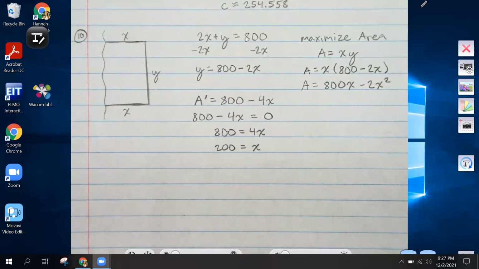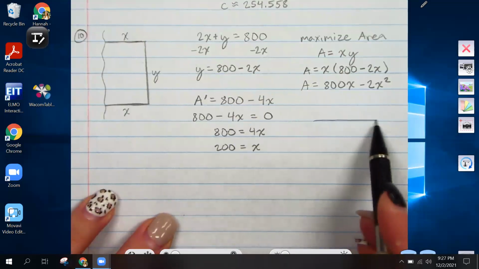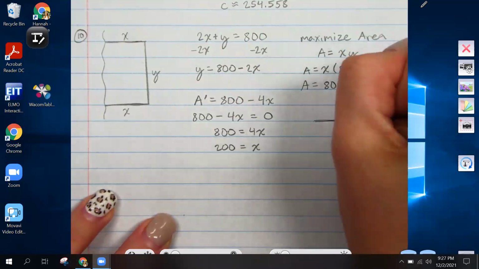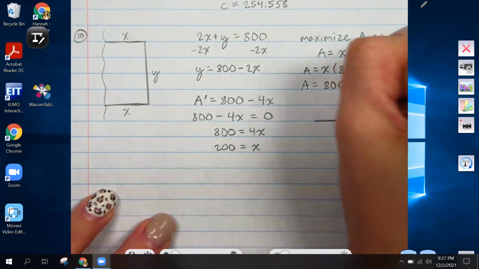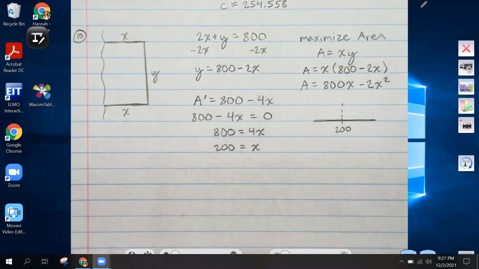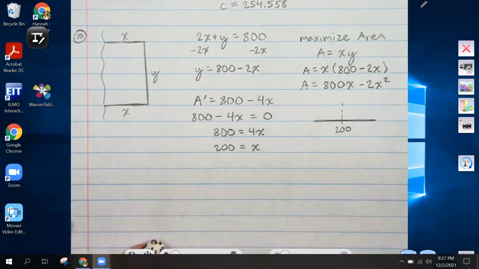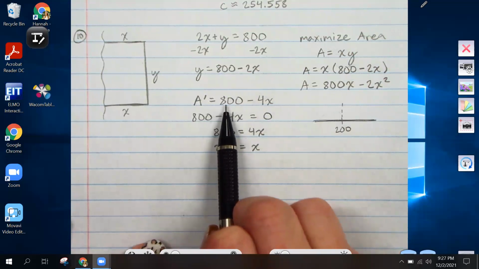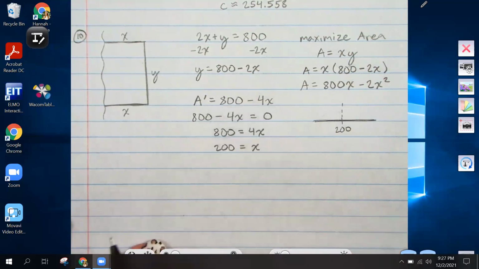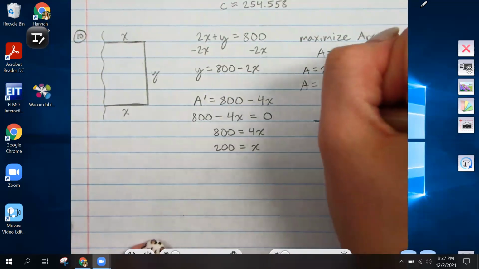I'm assuming it's going to be a maximum, but you need to make sure. So let's draw our number line. And we need to test a value on either side of 200. So on the left side of 200, I think 0 is going to be the easiest number. So plug that into your derivative. 800 minus 4 times 0 is 800. So we get a positive value.